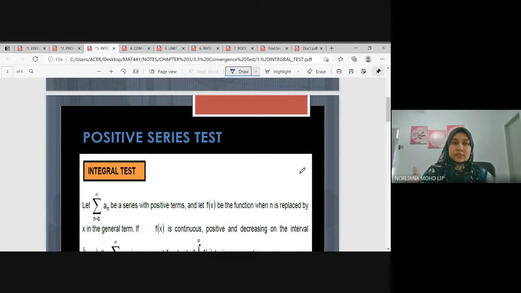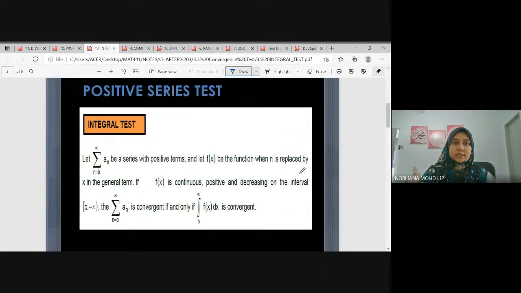Let's look at the theorem. The integral test. It is positive series test. Let the series of an, where n equal to b until infinity, be a series with positive terms. And let fx be the function when n is replaced by x in the general term.